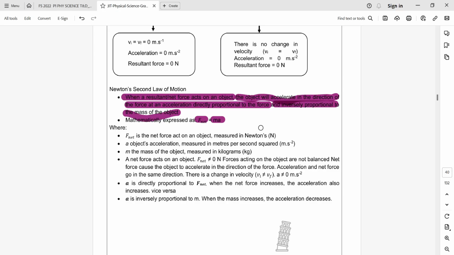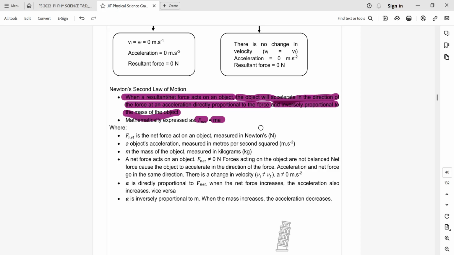This law, you are required to know it and to express it in the form of a formula. But in most question papers, when they ask you to state Newton's second law of motion, you just have to state it as it is. When a resultant or a net force, you don't have to use an "or". If you are using the resultant, you don't use the net. If you are using the net, don't use the resultant.